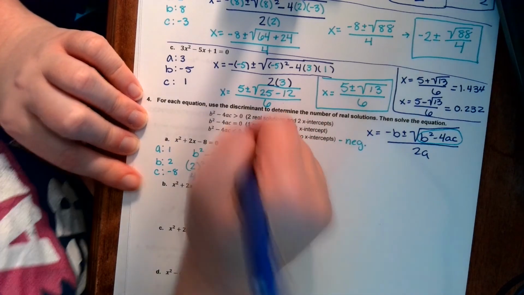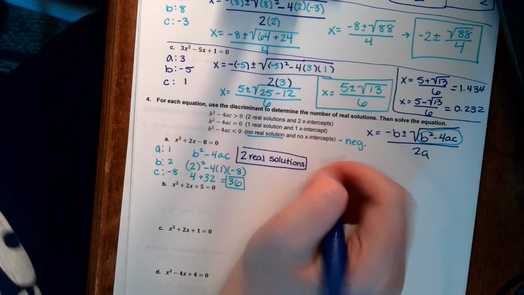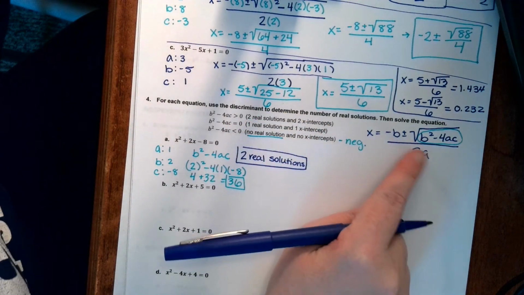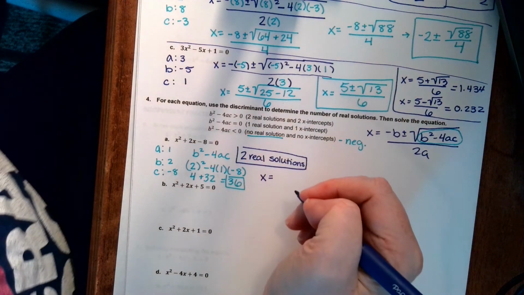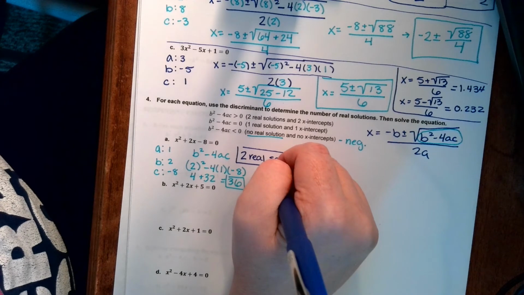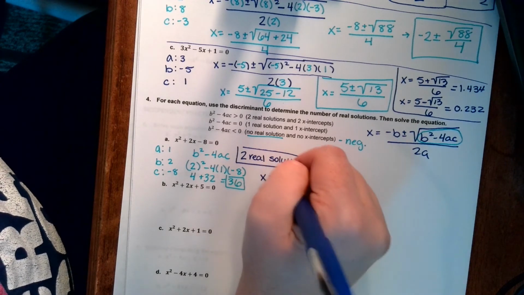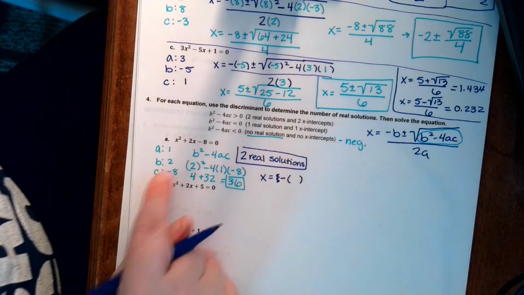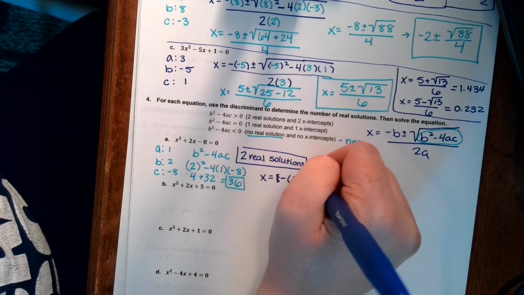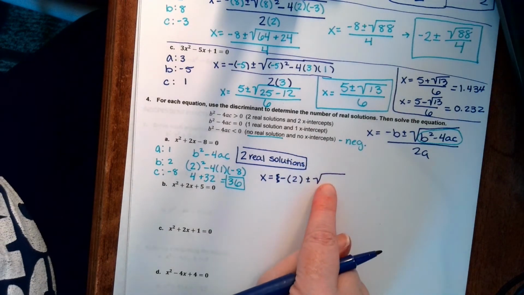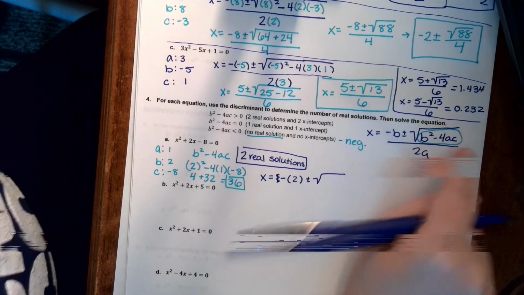Okay, then it says solve the equation. So we've already figured out the discriminant for the quadratic formula, so we can just fill it in. So x equals negative b, which is negative 2, plus or minus the square root of, well, we already found b squared minus 4ac.